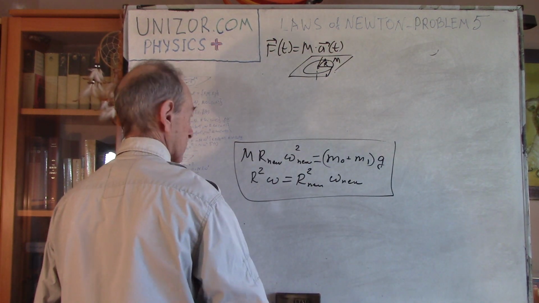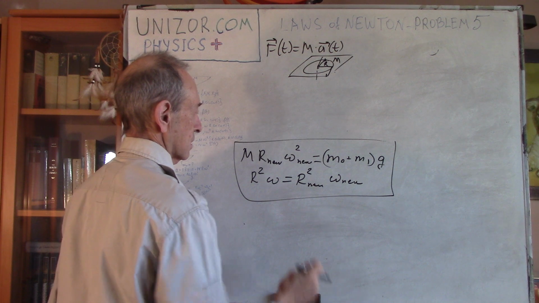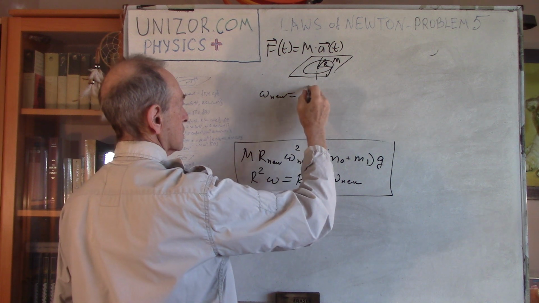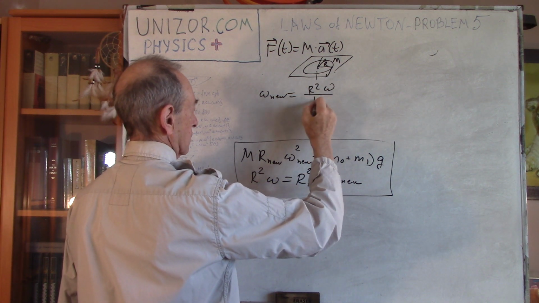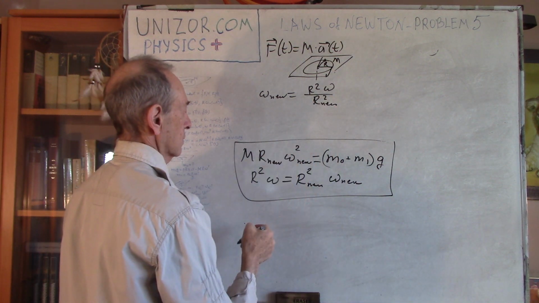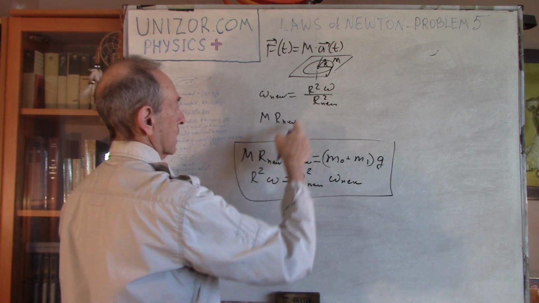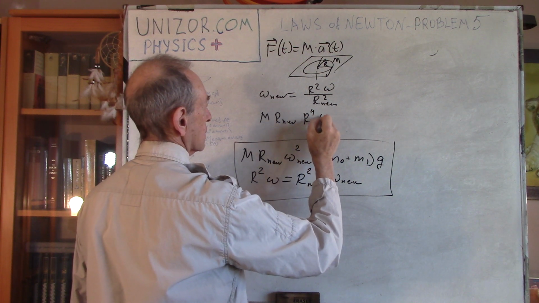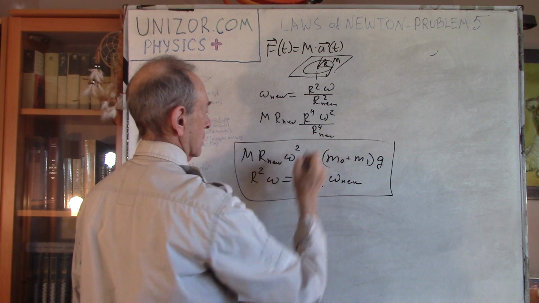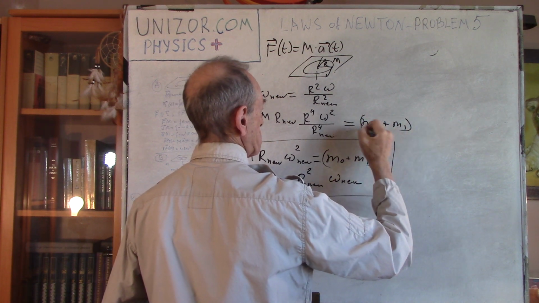Well, this is kind of plain algebra. I can't do anything very fancy about this, so I'll just express omega nu from the second equation, which is r squared omega divided by r nu squared. Substitute into this one, and I will get m r nu omega squared, which is r to the fourth omega squared divided by r nu to the fourth, equals m0 plus m1 g.